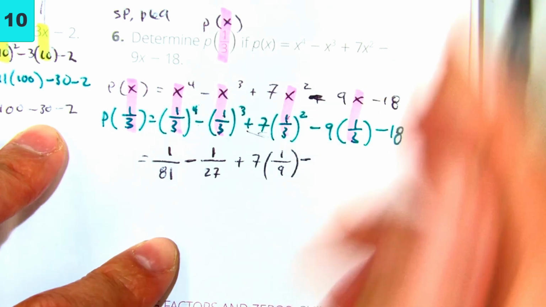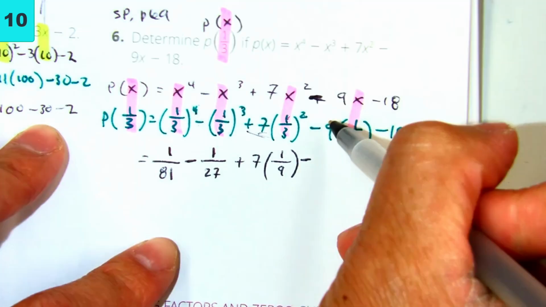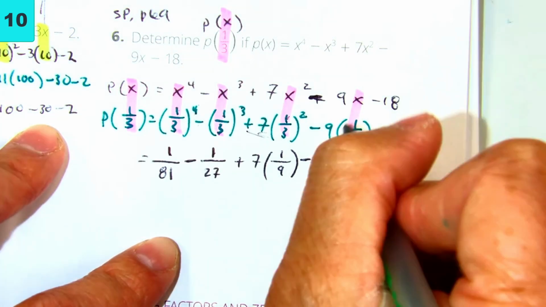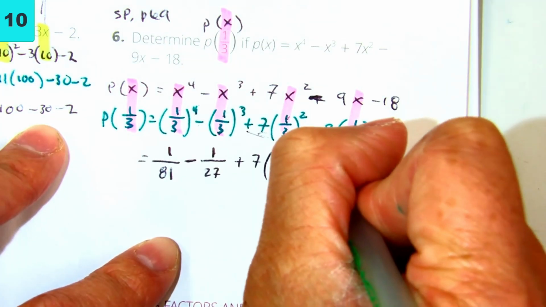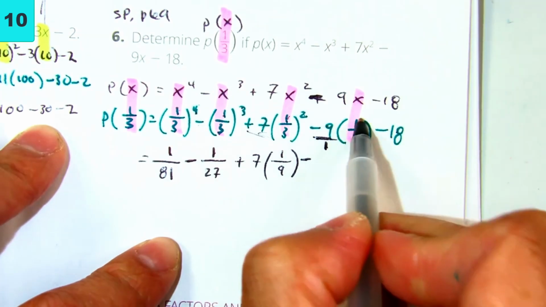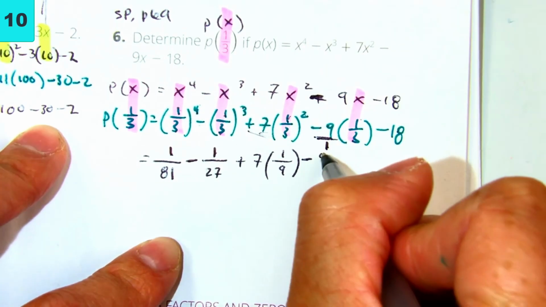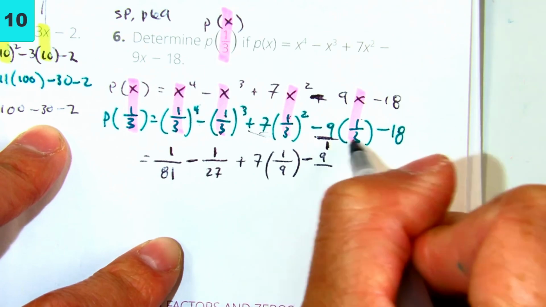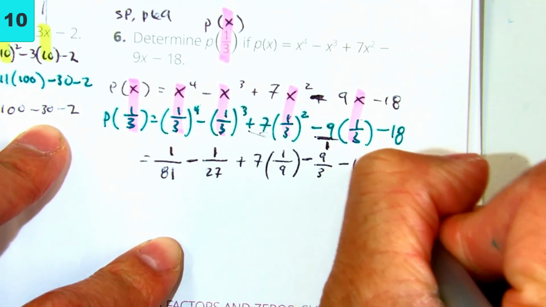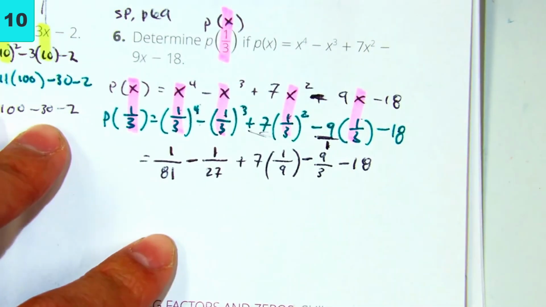Okay, now when you get to a whole number times a fraction, class, how do you make negative 9 a fraction? I'm going to put it over 1. And that can help you show negative 9 times 1 is negative 9, and that's over 1 times 3, which is 3. And then the negative 18 stays the same.